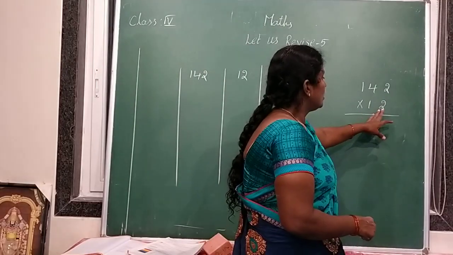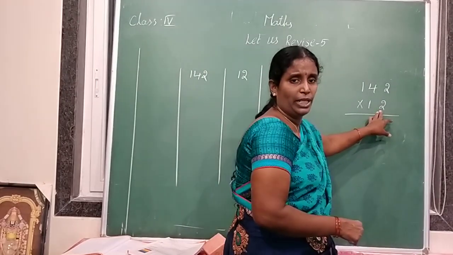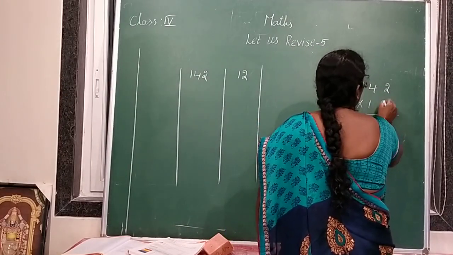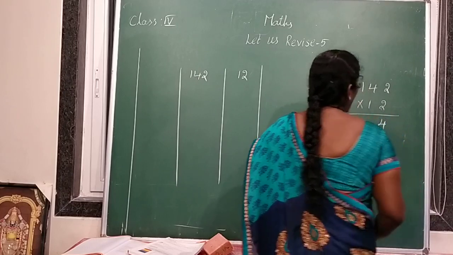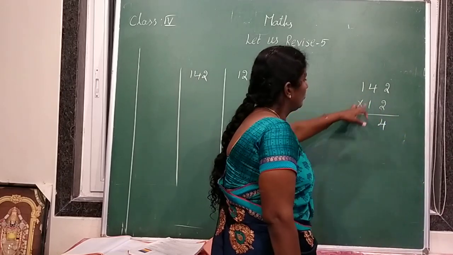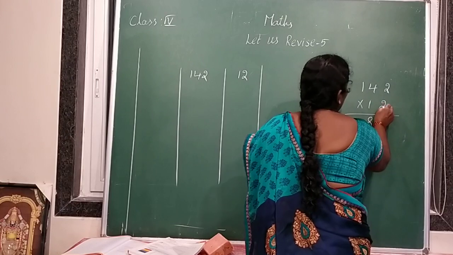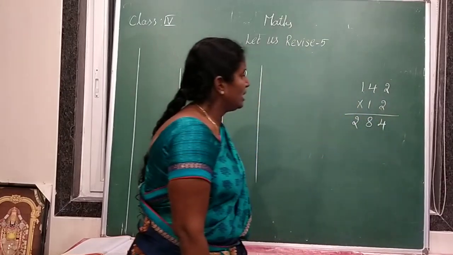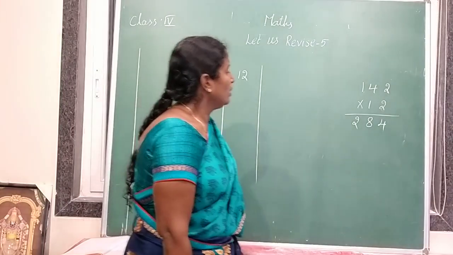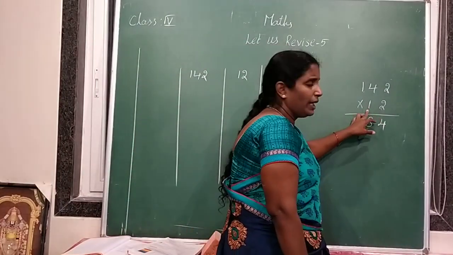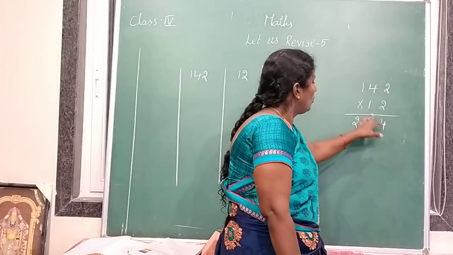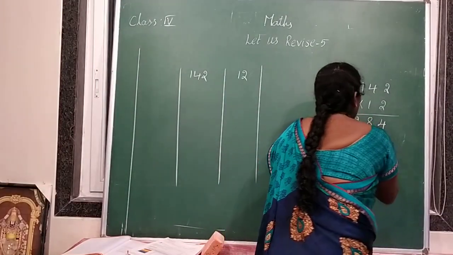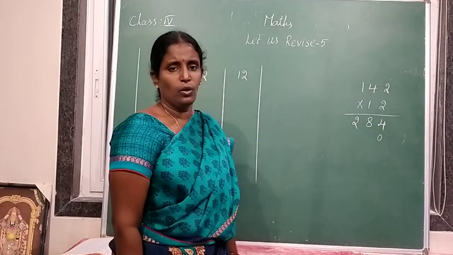First we should start multiplication from the ones place digit. What is the ones place digit here? 2. 2 2s are 4, 2 4s are 8, 2 1s are 2. So multiplication by the ones place digit is completed. When starting multiplication by the tens place digit, you have to put either a cross or 0 under the ones place, your wish.